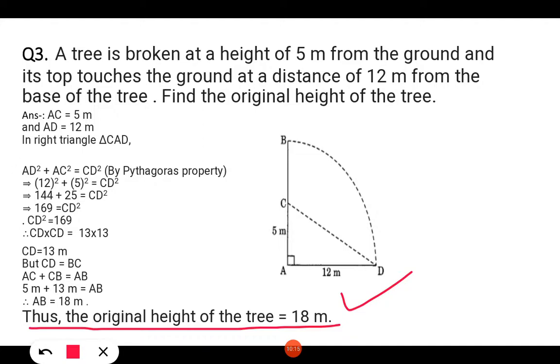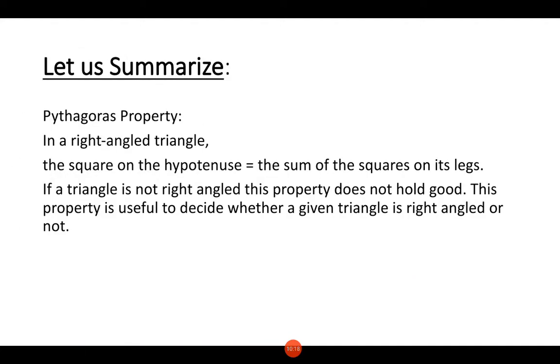Now let us summarize. So we have studied Pythagoras property, which says in a right angle triangle the square on the hypotenuse is equal to the sum of the squares on its legs, or square on the hypotenuse is equal to the sum of the squares of the other two sides. Students, if a triangle is not right angled, this property does not hold good.